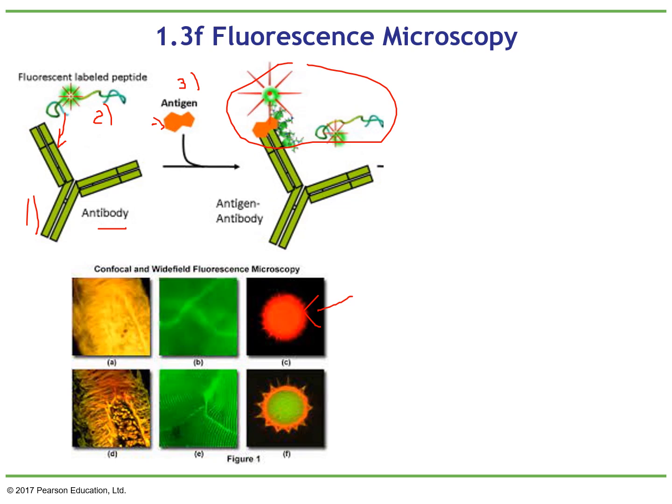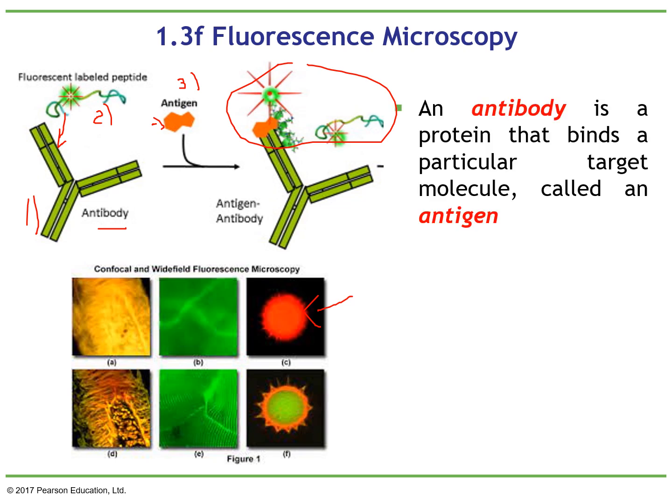Okay, so what I told you is that antibodies are proteins, and they bind to a particular target molecule, and that target molecule is an antigen. So we take advantage of this phenomenon that we know happens in all organisms, and we can target specific proteins.